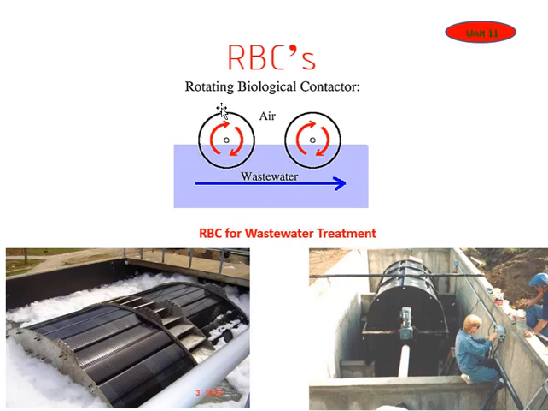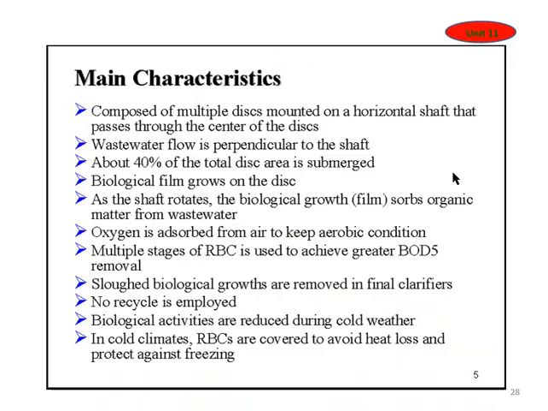When it comes up here, they take oxygen from the air, and then again go down and take the waste material. Like this it continues. So these RBCs are very famous for wastewater treatment.